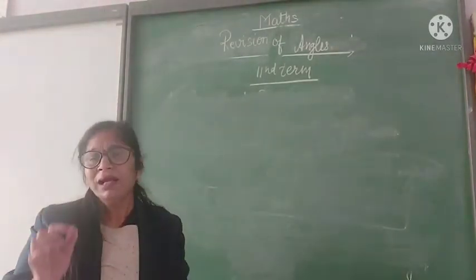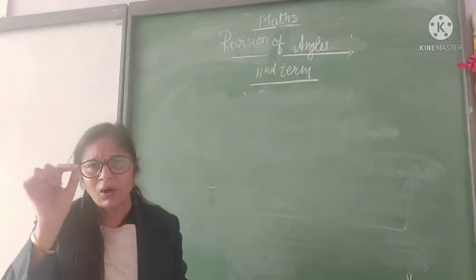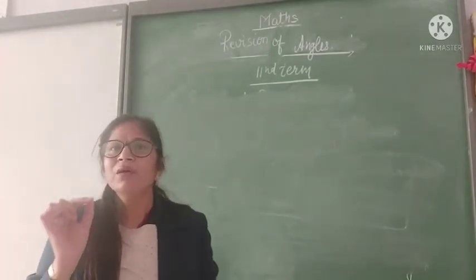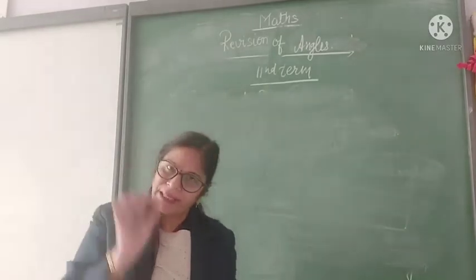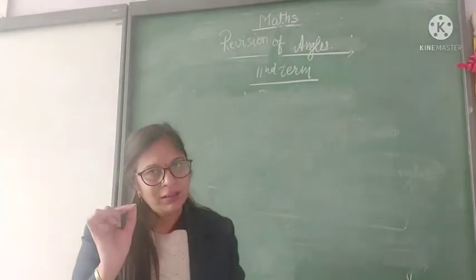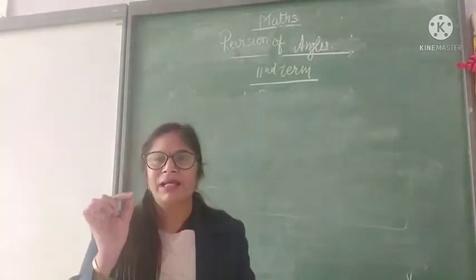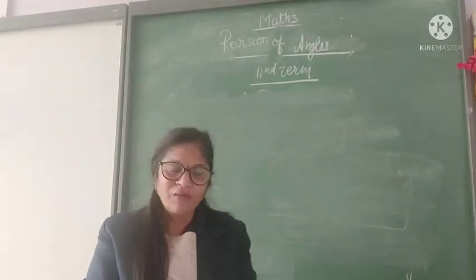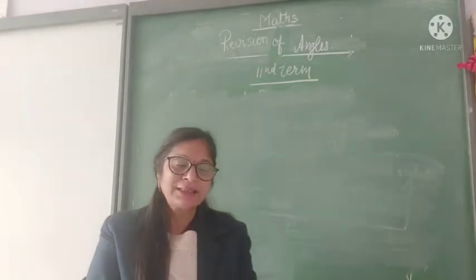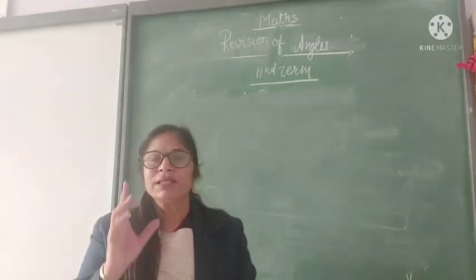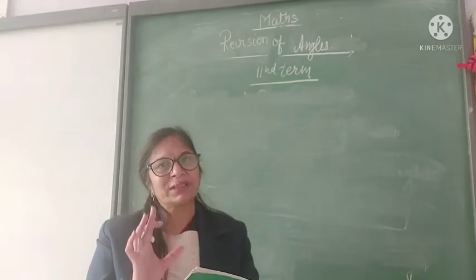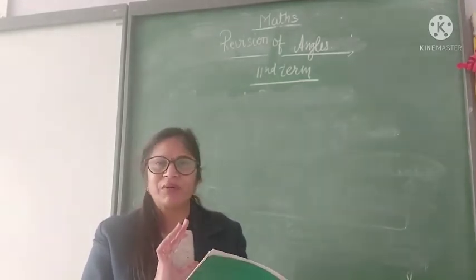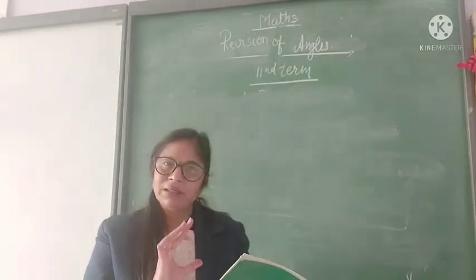What is a right angle? An angle which is exactly 90 degree. What is an obtuse angle? More than 90 degree but less than 180 degree is an obtuse angle, like 120 degree, 135 degree. And what is the straight angle? Exactly 180 degree. These angles we have already discussed briefly in the chapter.